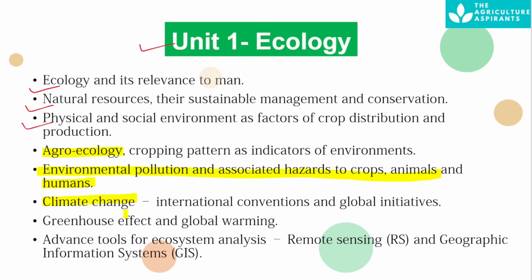Every year you will get one or two questions. Greenhouse effects and global warming are interlinked. And the last one is precision farming, which we can collectively say is remote sensing and geographic information system. These are the very important topics of this first unit, ecology.